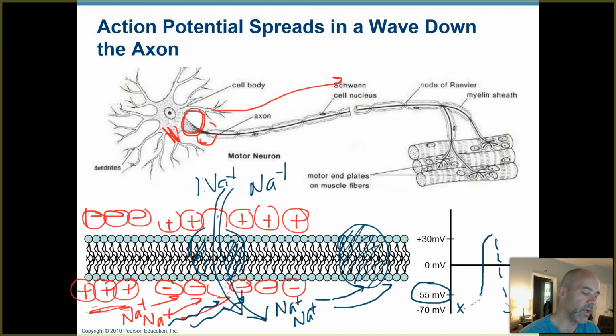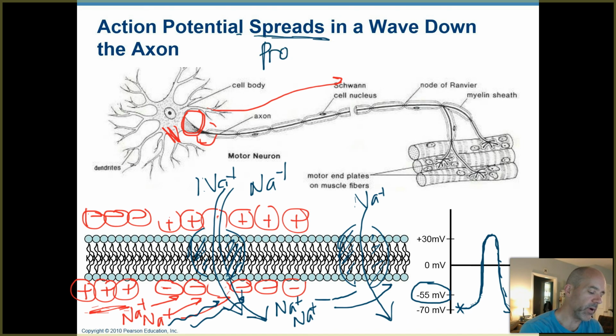As soon as you get enough of those sodium ions over there, boom, sodium channels are going to open up. Sodium ions are going to start rushing inside, and you're going to go through the whole action potential process at that next stretch of cell membrane. So that's how an action potential spreads, and that's also called propagation. It propagates in a wave down the axon.